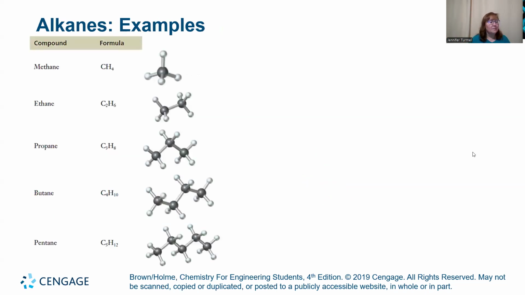All right, so here are some examples of alkanes, and we are on slide 3 now. Let's take a look at how these would be drawn in a different way. Here we have methane, CH4, and this is a ball and stick model, but if we weren't doing a ball and stick model, we would draw a Lewis structure that looks like this.